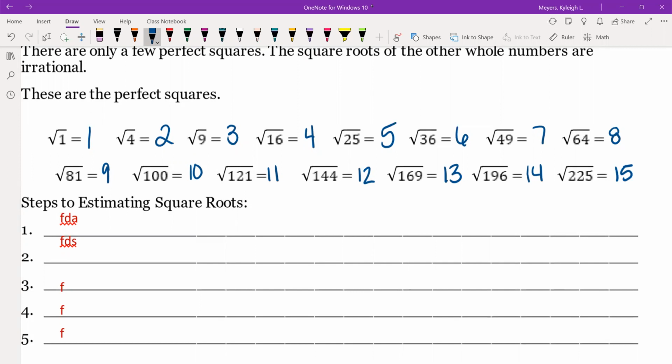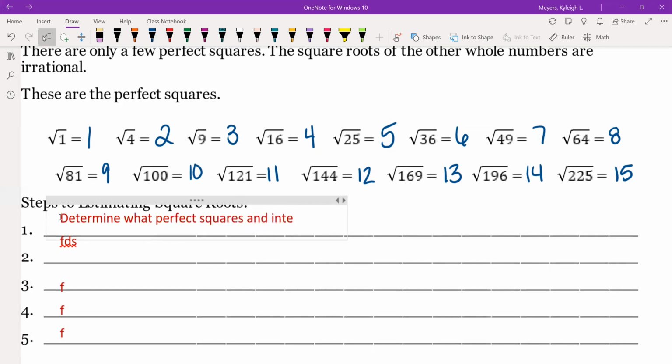So now let's talk about steps to estimating square roots. Well, the first step is to determine what perfect squares and integers the number falls between.